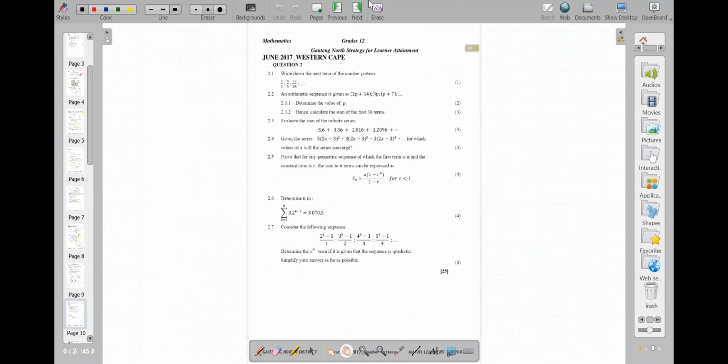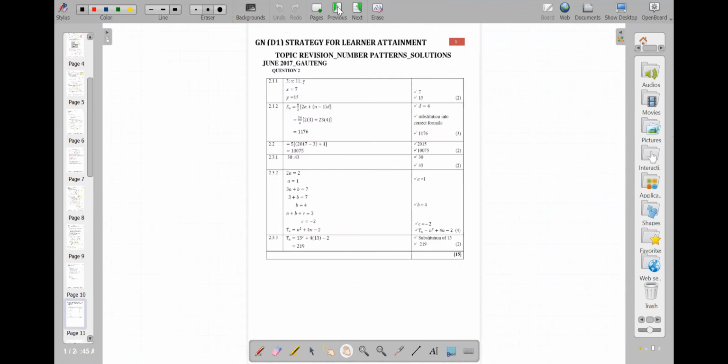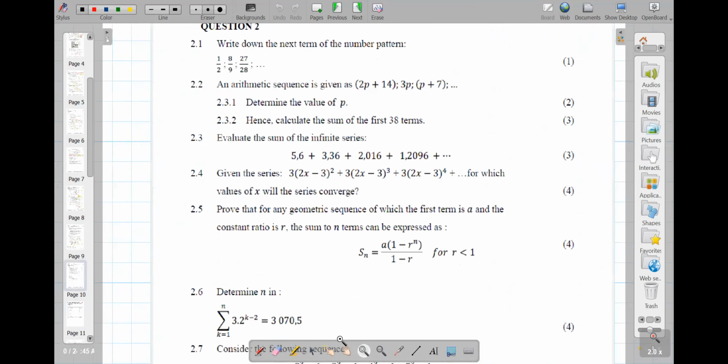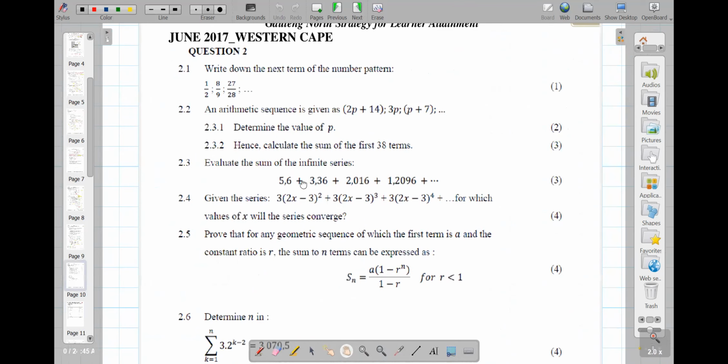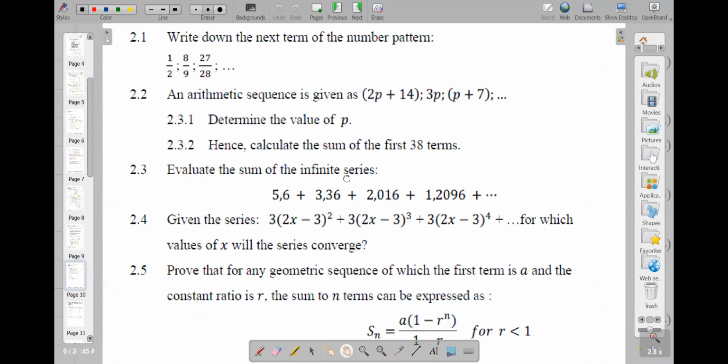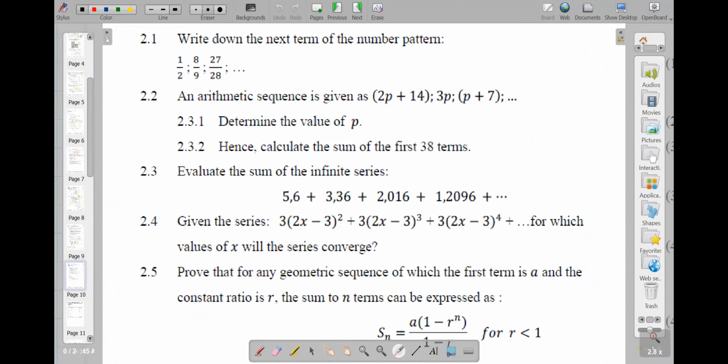So that's almost ending our questions, but there is a last set. Let's check, is anything different, so we can have a look. Otherwise, we really do not need to do that. Okay, write down the next two terms of the pattern. For the first one, is there any possible relation?